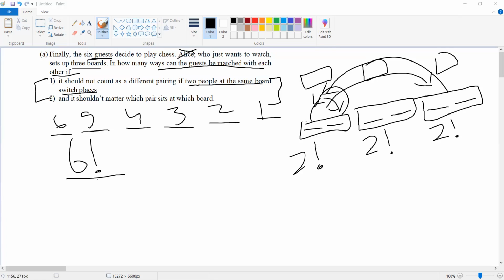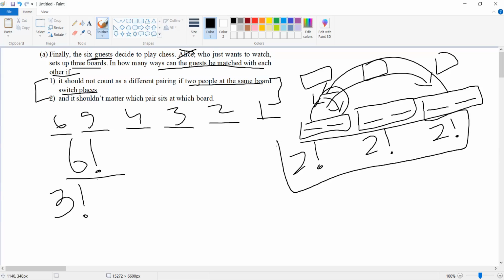So we would do this because there are 3 blocks of people playing chess that can get up and sit somewhere else. So we would incorporate that by dividing by 3 factorial because that's the total number of repetitions. And we also have this thing, so we divide by 2 factorial, 2 factorial, and 2 factorial.